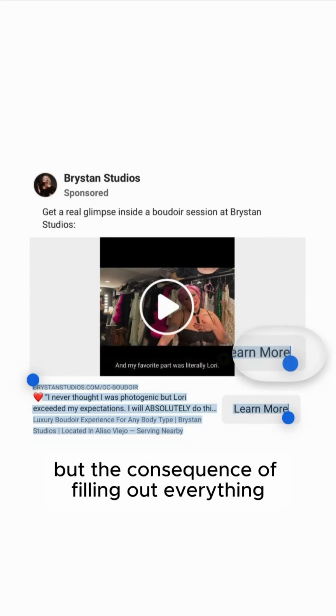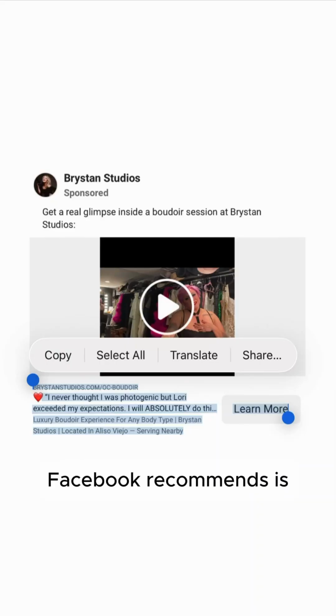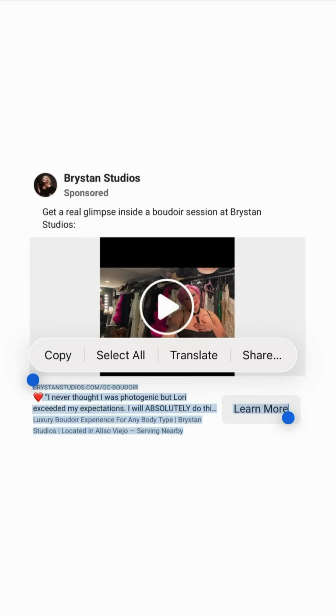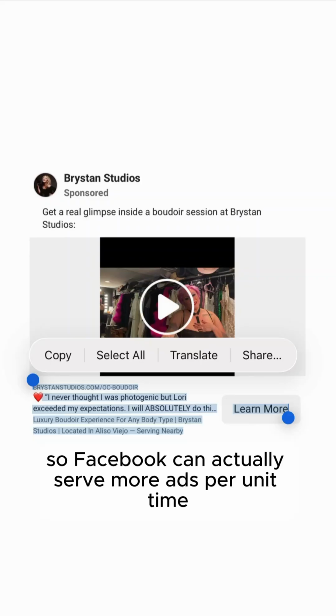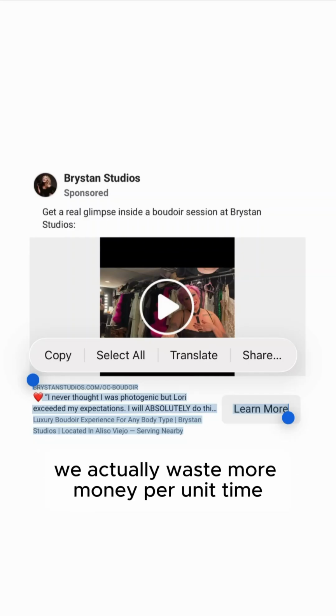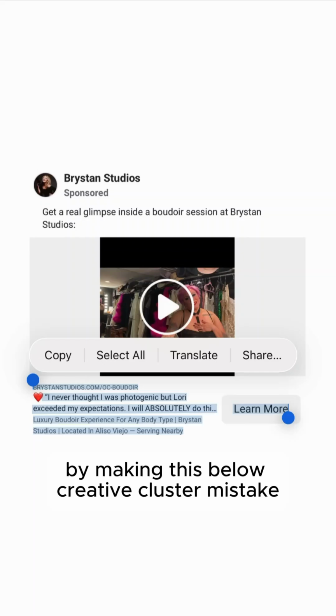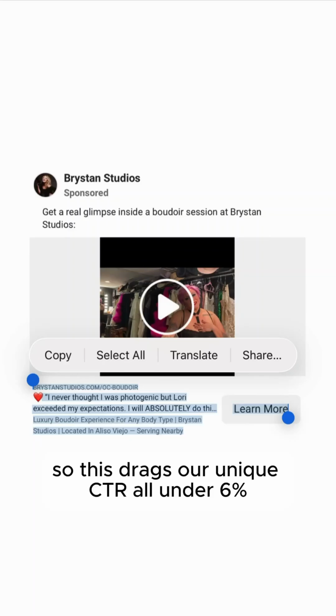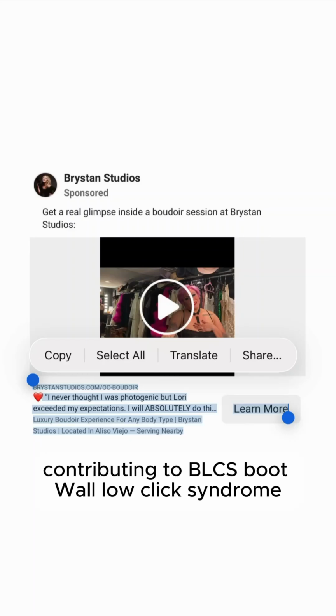But the consequence of filling out everything Facebook recommends is way more women scroll by our ad every time it's served unnecessarily. So Facebook can actually serve more ads per unit time. They make more money. We earn less money. We actually waste more money per unit time by making this below creative cluster mistake. And Facebook loves it. So this drags our unique CTR under 6%, contributing to BLCS, Boudoir low click syndrome.